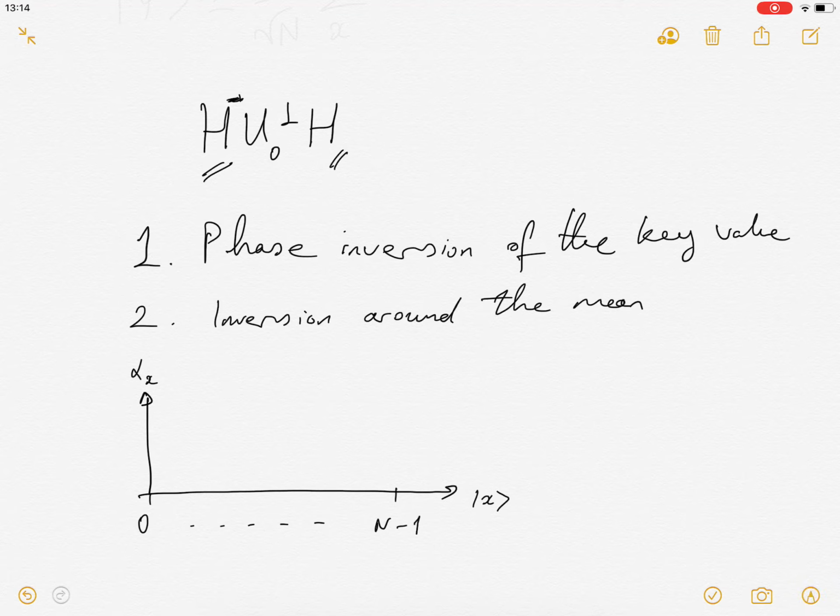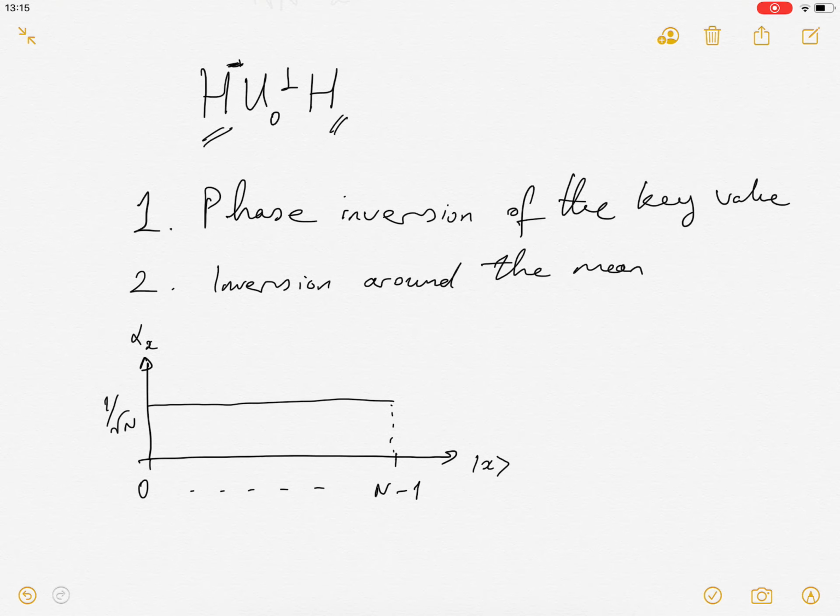And all basis states are in equal superposition with the amplitude 1 over square root of n. So this is our initial state, where all the basis states are put into an equal superposition. So now the key value is maybe somewhere here. So this is x star, our key value, the index that we want to find.